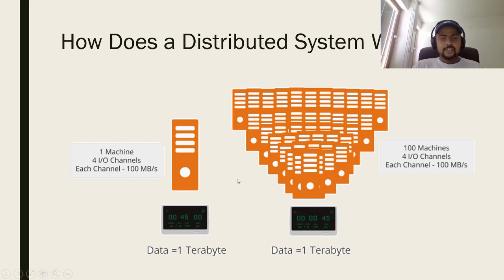That's why distributed computing is very powerful, because you can break up a particular request or task into multiple subtasks and assign each set of computers a particular subtask, and those computers will only perform that subtask and nothing else. That's how distributed systems work.